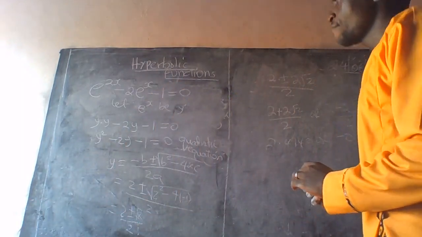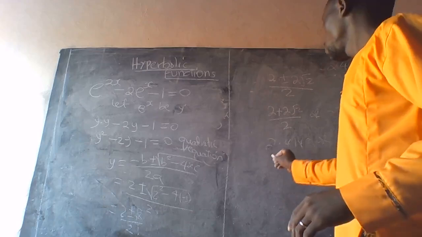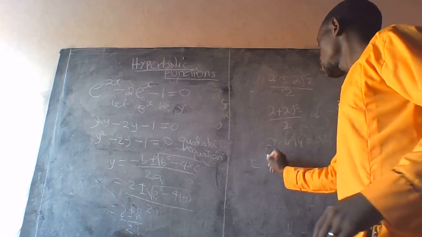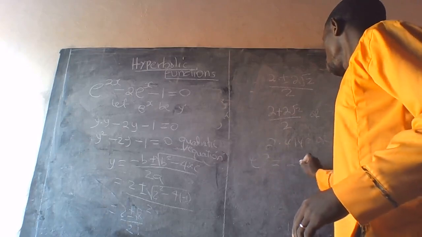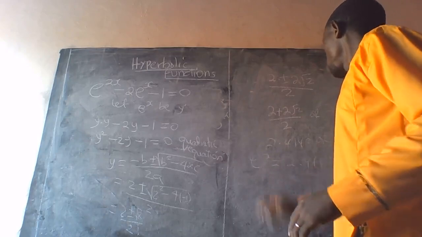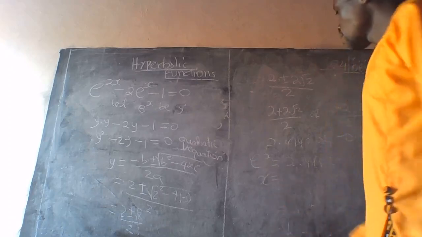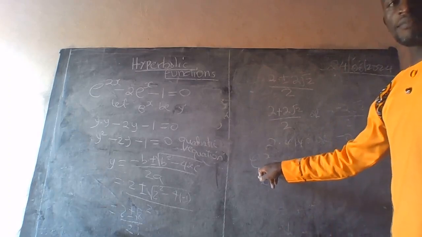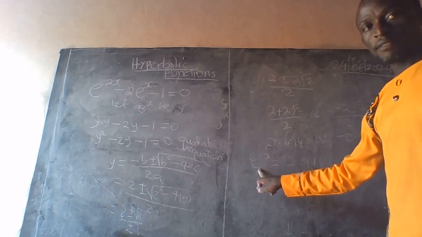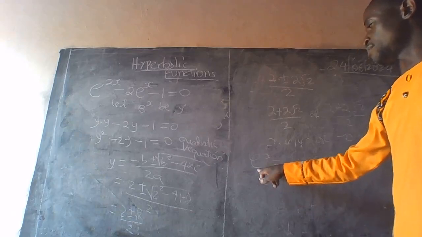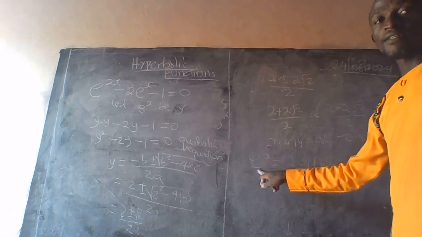So what about e to the X? e to the X is equal to 2.4142. So what is X? You find the natural logarithm of both sides. Alright?